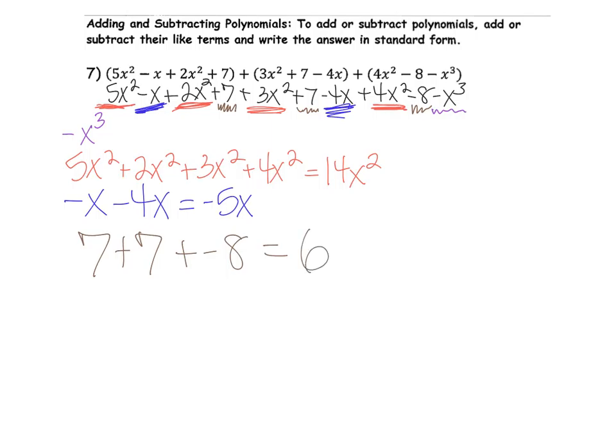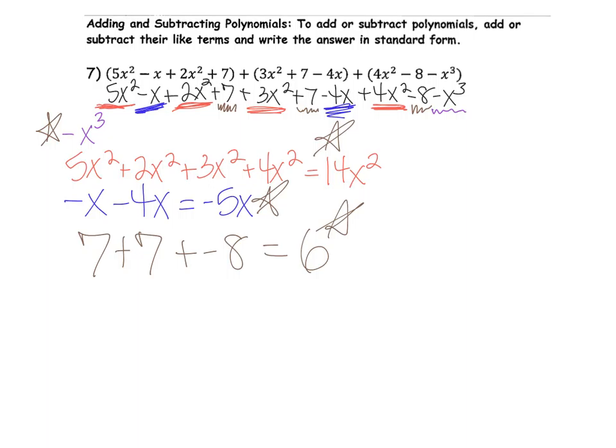Okay. So now I've got all my final things. I've got -x to the third, 14x squared, -5x, and 6. I'm going to write them in descending order. The highest exponent has the most power, so it goes first.